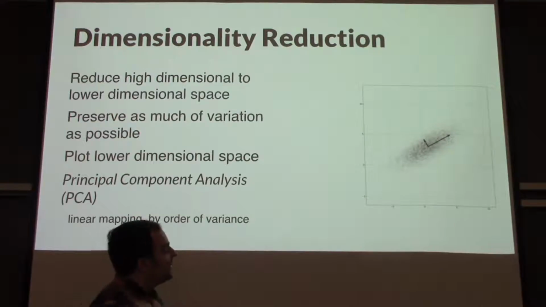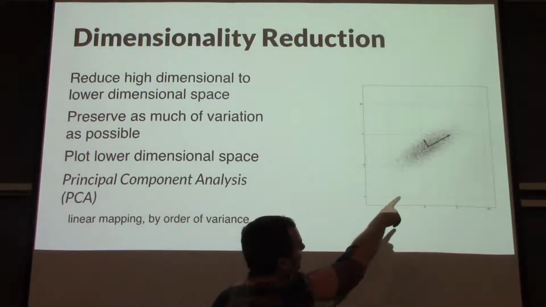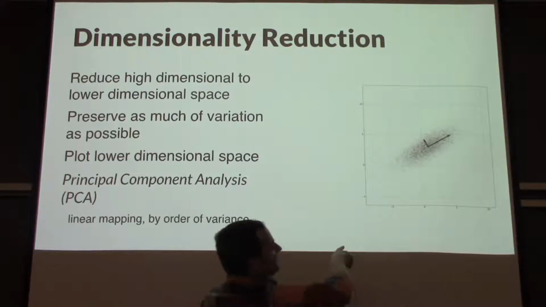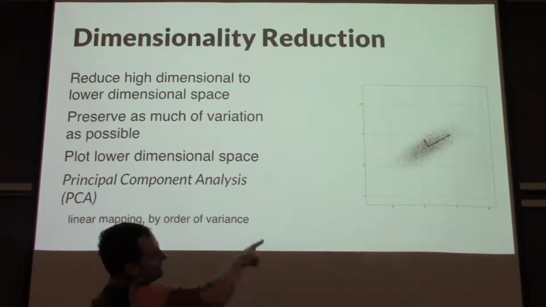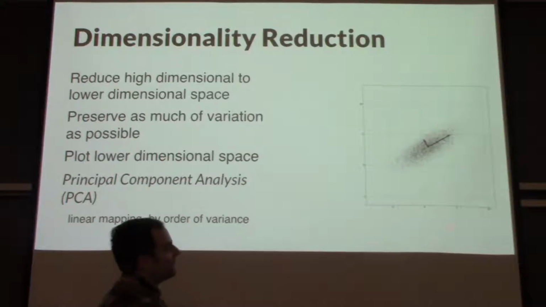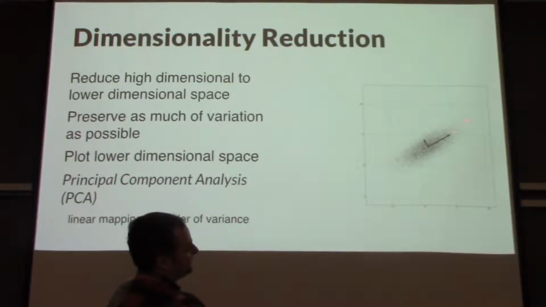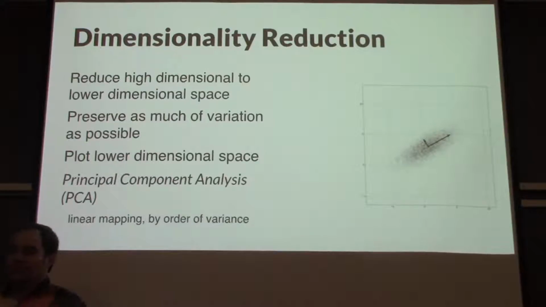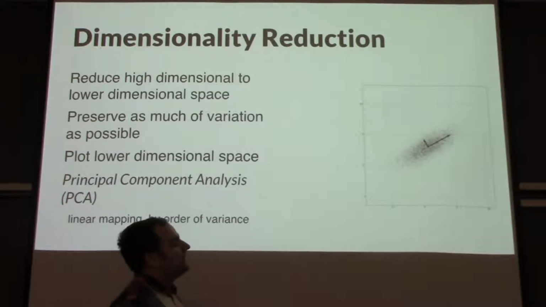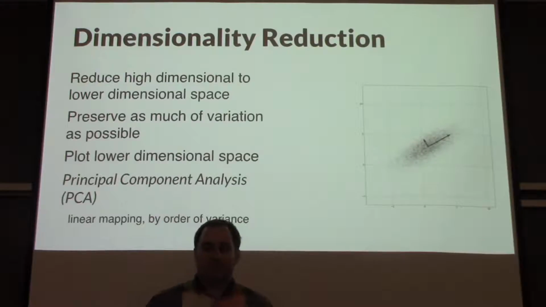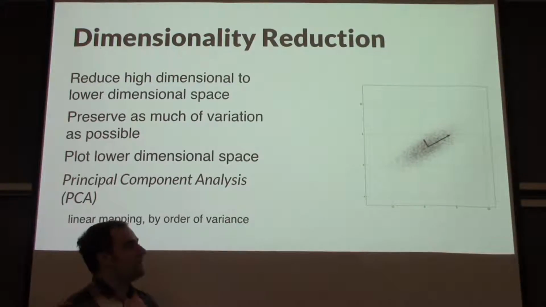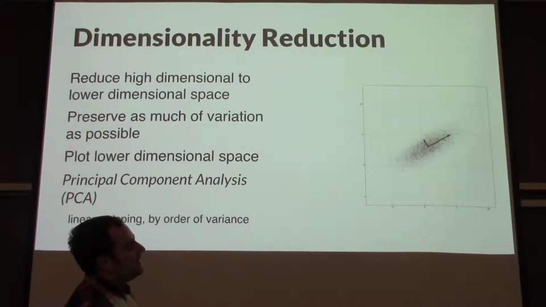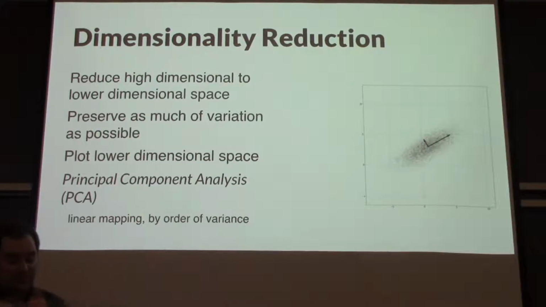So if I only take the first principal component here, instead of saving for every point an x and a y value, I could just save the distance from this point here, positive if it goes to the right, negative if it goes to the left. So with a single number for every single data point, I can capture a large amount of the information that is contained in this data set. I would just lose the variance that is along the second principal component.